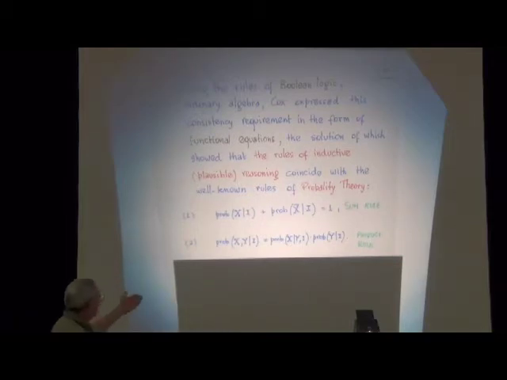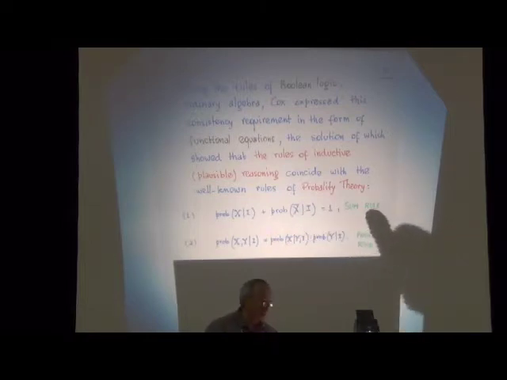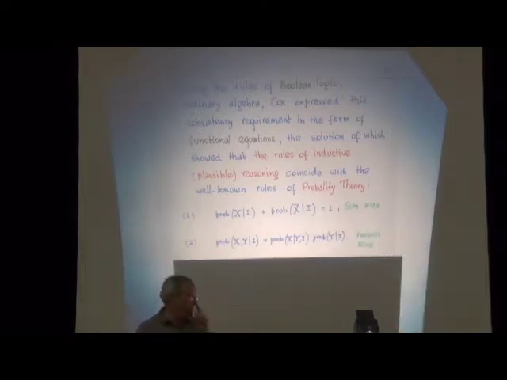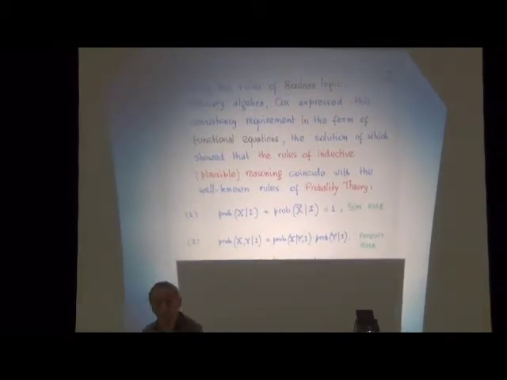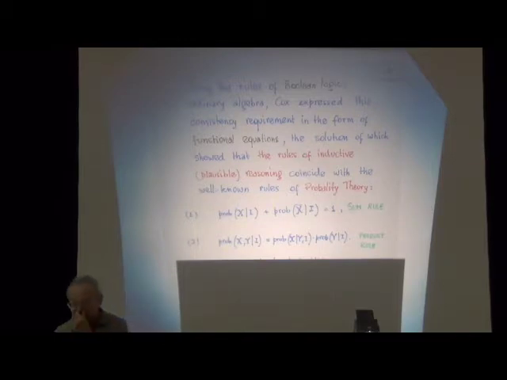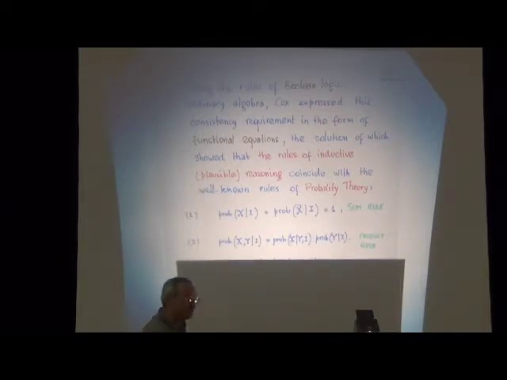For x and y, any two propositions, since it's a binary thing, proposition x is either true or false, obviously the sum rule has to be satisfied. And this is the product rule for the joint conditional probability distribution for x and y to be true at the same time. Those are the ordinary rules of probability theory. We found that the consistency requirement in making plausible inferences required exactly the same rules.